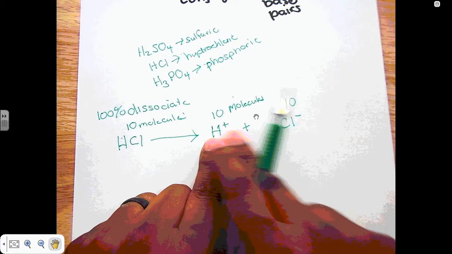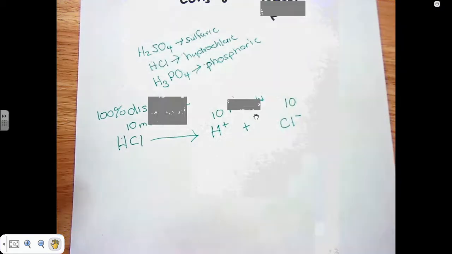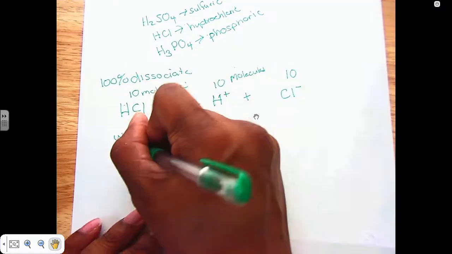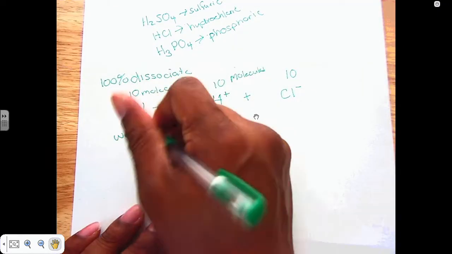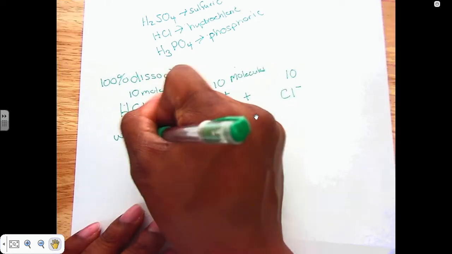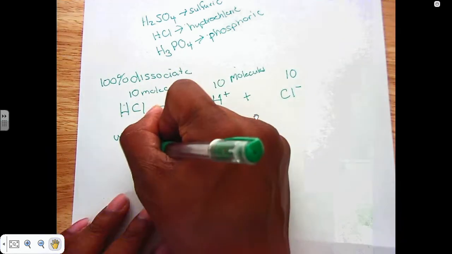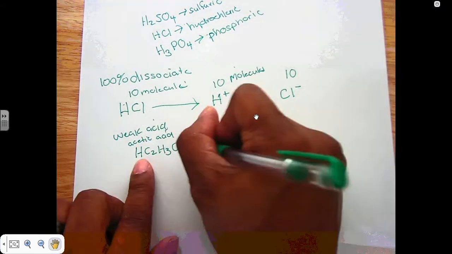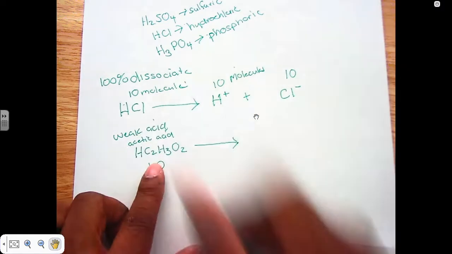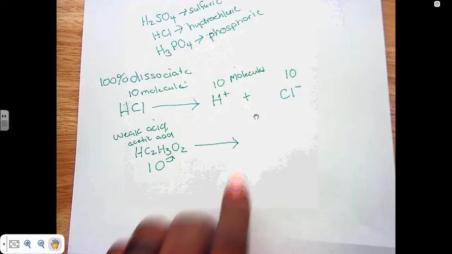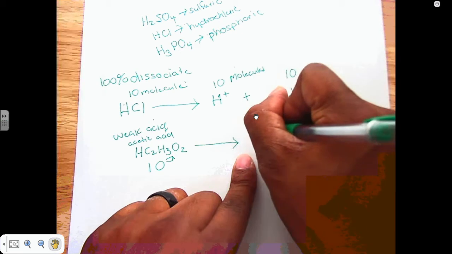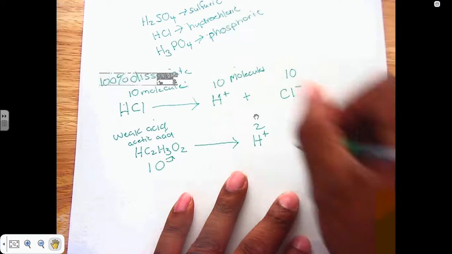Now, once it breaks apart, it then can go on and react and combine with another compound. But if it's a weak acid, you won't get that. For instance, let's take a common weak acid, which is acetic acid, HC2H3O2. What happens is this H group is going to dissociate. You have 10 molecules of this. Supposedly what happens is you might get, I don't know, maybe 2 of them that break up here.